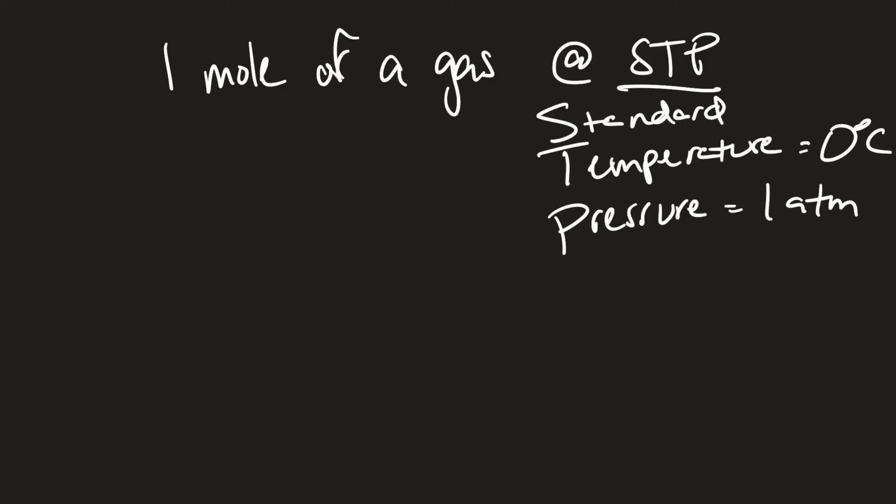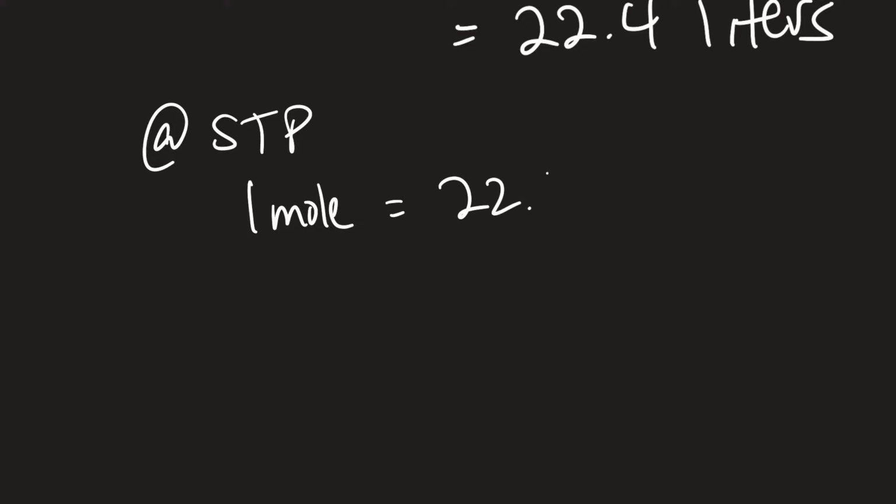So when this mole of gas is at a temperature of 0 degrees Celsius and under a pressure of 1 atm, it occupies a volume of 22.4 liters. Basically, at STP, 1 mole of a gas occupies the space of 22.4 liters.